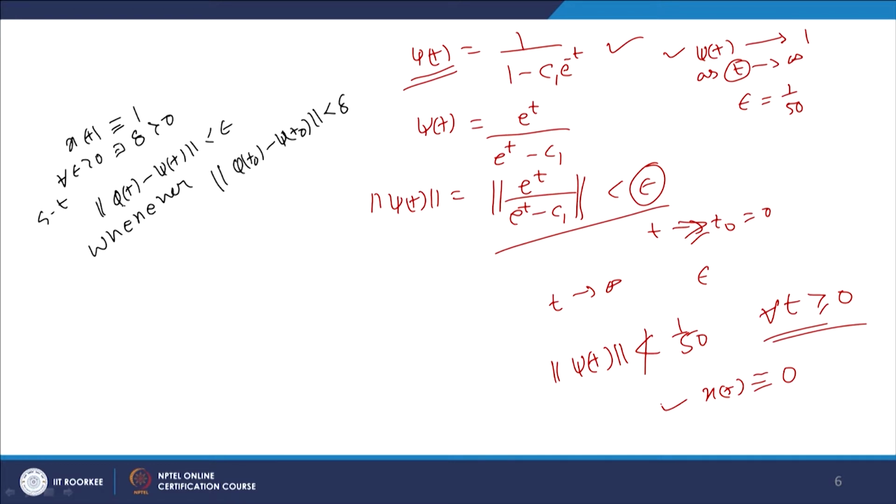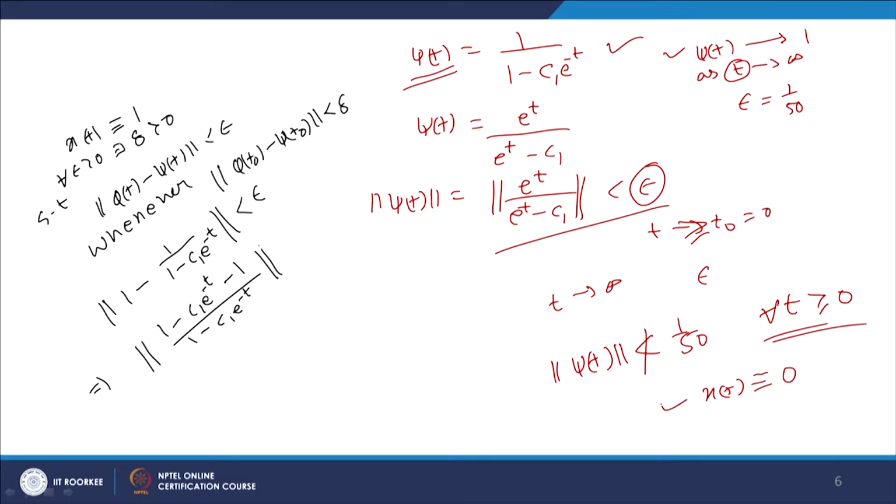Okay. So let us first look at this. Now phi t is 1 here, psi t is given as 1 upon 1 minus C1 e to the power minus t, and we want to make this difference less than epsilon. So we look at 1 minus 1 upon 1 minus C1 e to the power minus t.